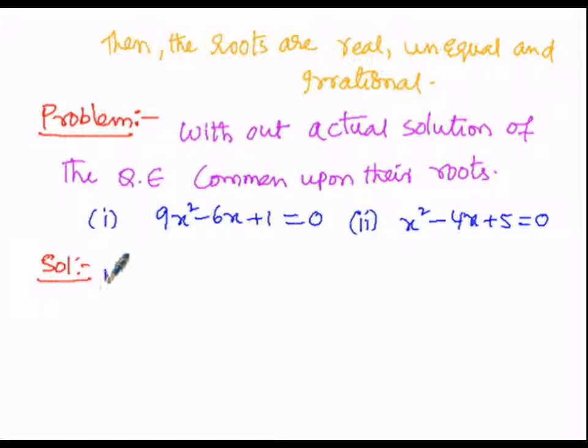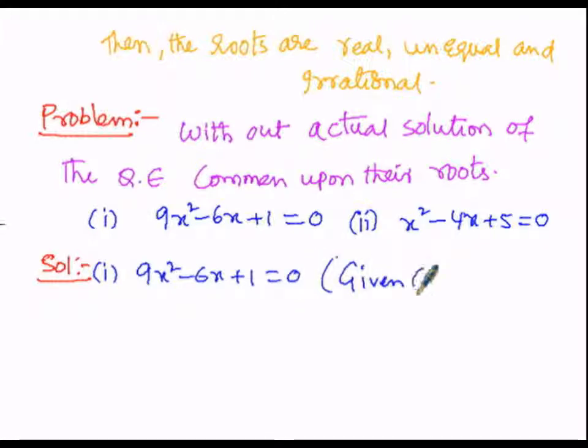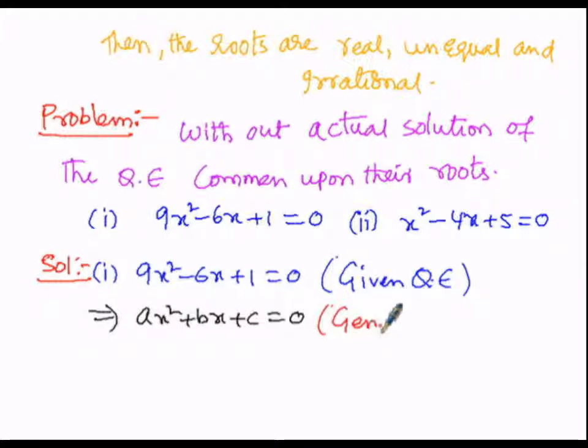So here about the first one, 9x square minus 6x plus 1 equals to 0 is the given quadratic equation. That implies ax square plus bx plus c equals to 0 is the general form of a quadratic equation.